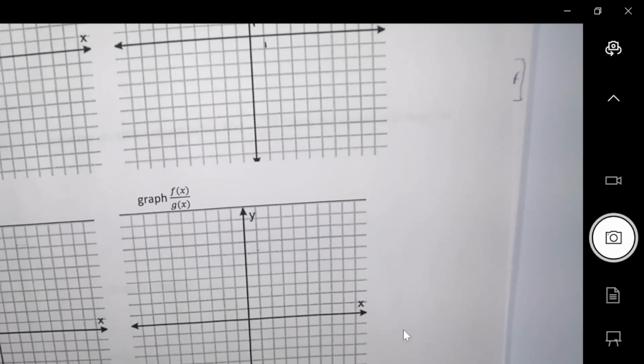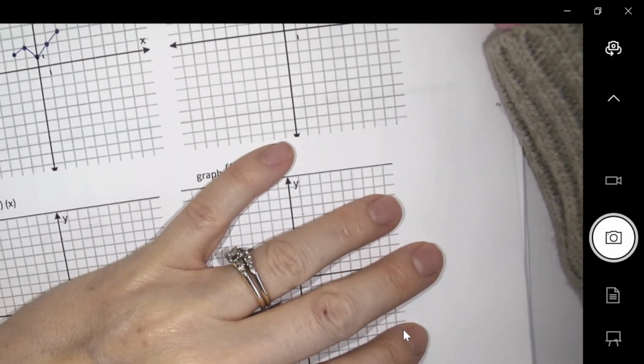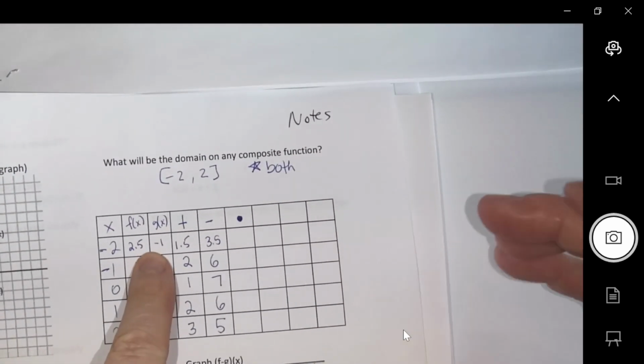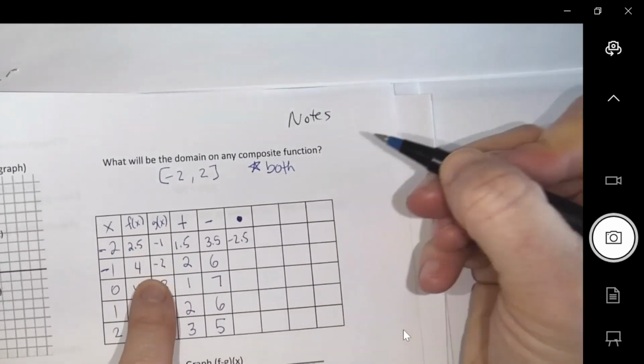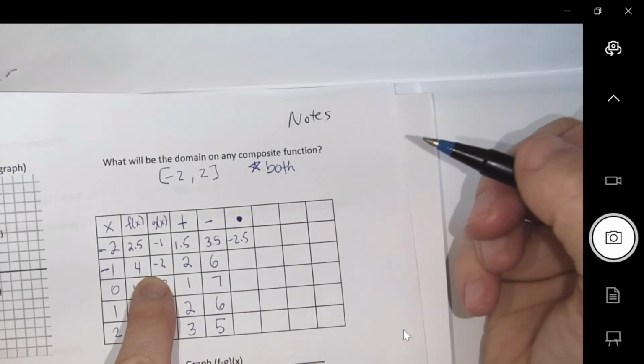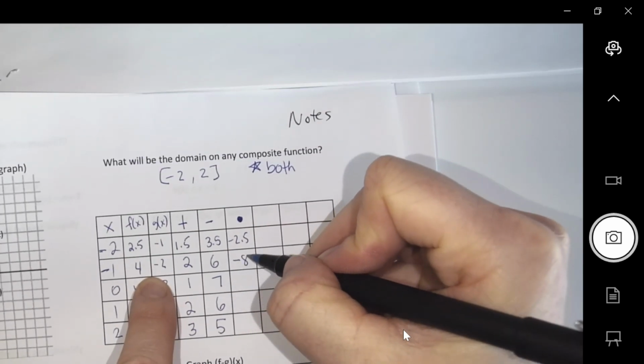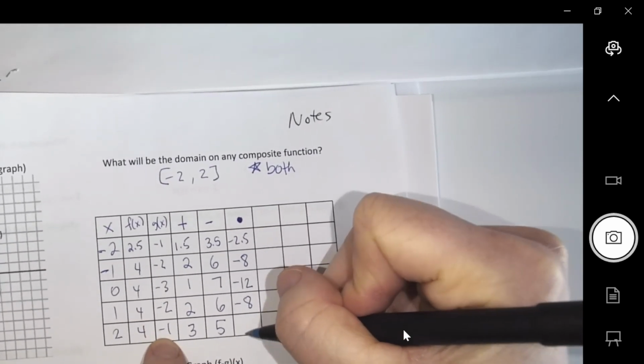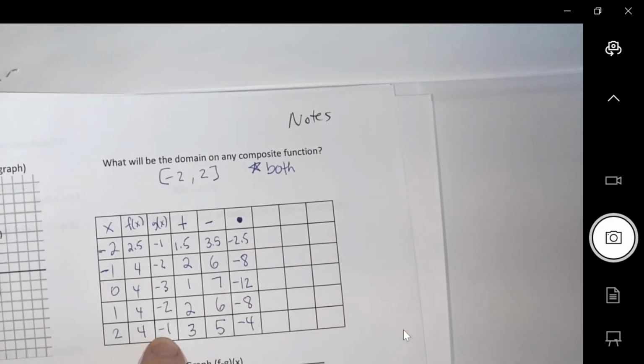Then I asked you to do this one where it says multiply them. Multiplication order does not matter, right? When I multiply two numbers, it doesn't matter which way I go. So this chart will go -2.5. 4 times -2, so -8, -12, -8, -4.